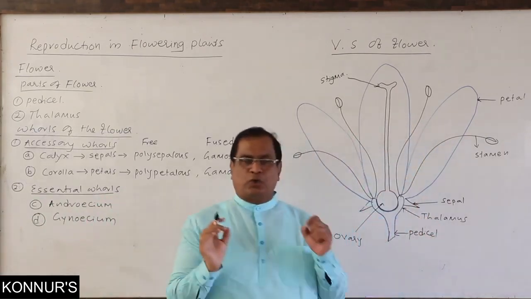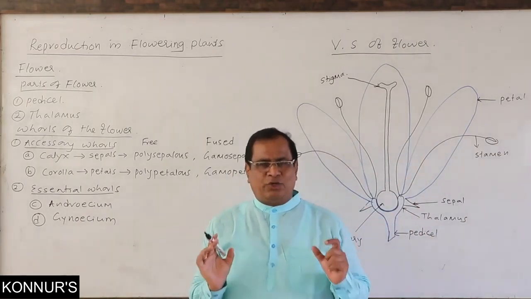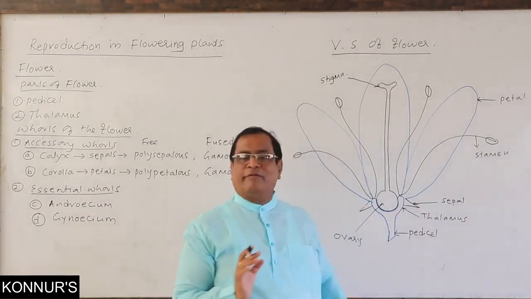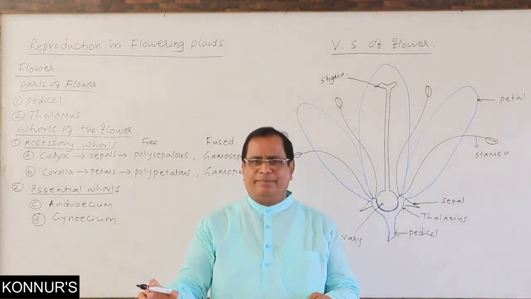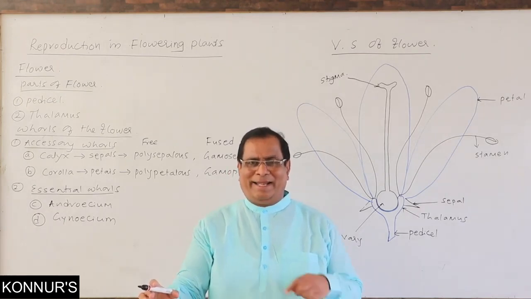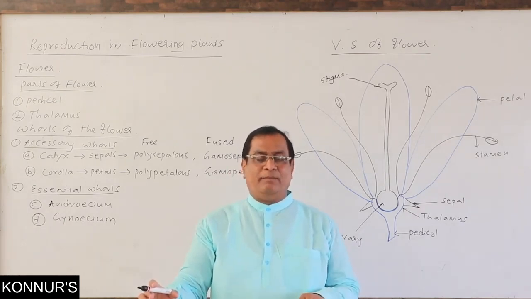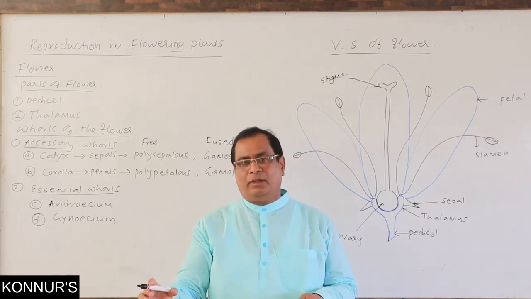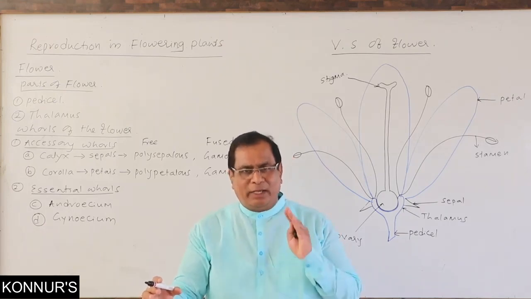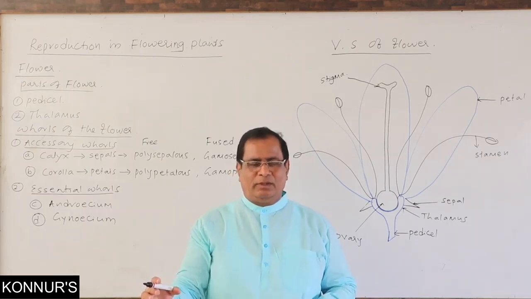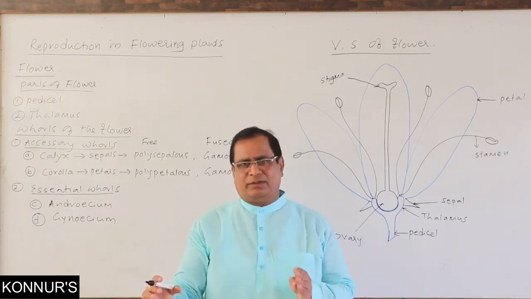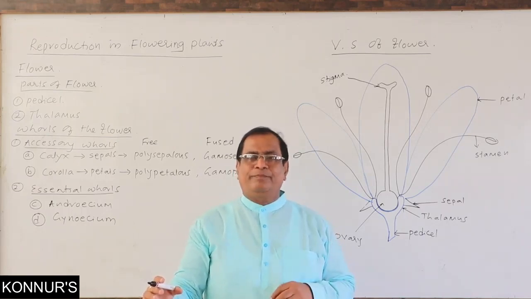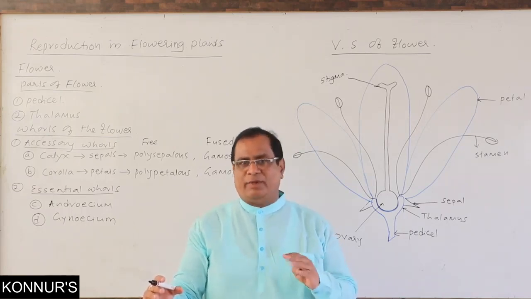They are the most conspicuous and attractive part in the flower. And they are variously colored. Their main function is attraction, for the attraction of insects for pollination. Another function is protection of the inner essential whorls of the flower.